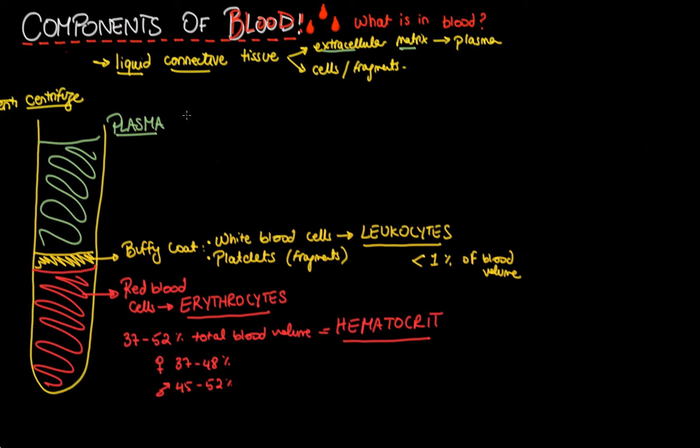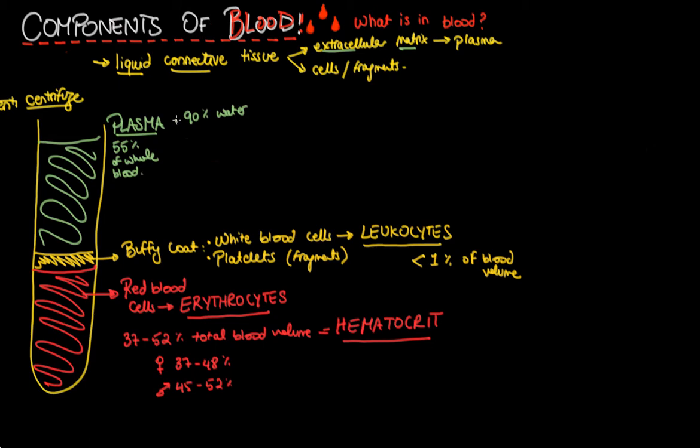So it's composed of 90% water, along with other proteins and dissolved substances that we will be discussing shortly. But plasma typically constitutes 55% of whole blood. All right, and this is, of course, the lightest, and so it's going to be the top layer in the centrifuge test tube. And so what does plasma contain?